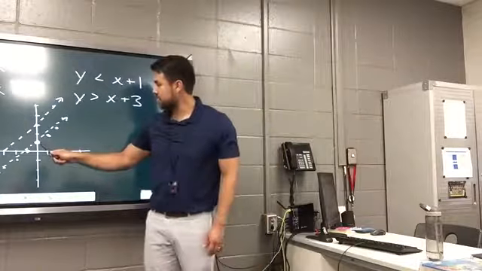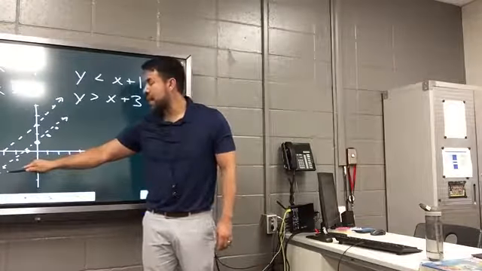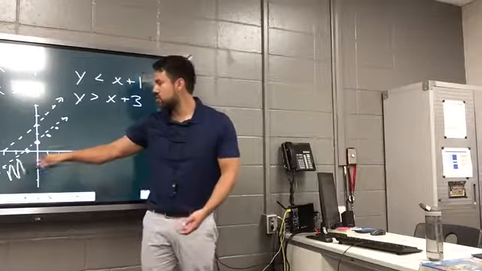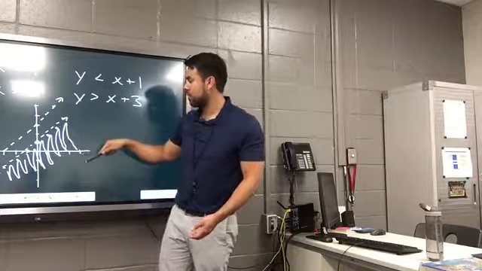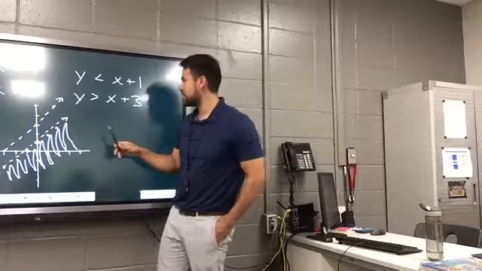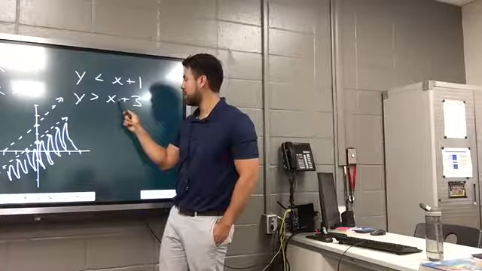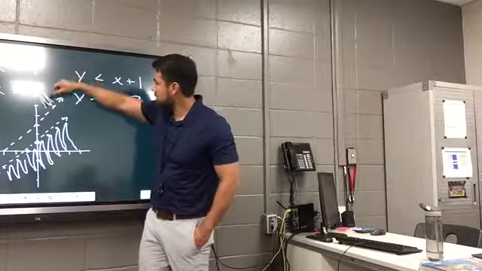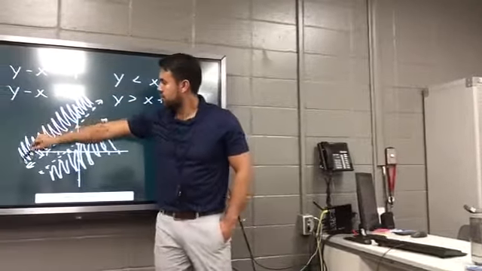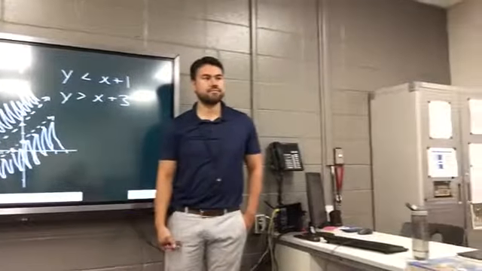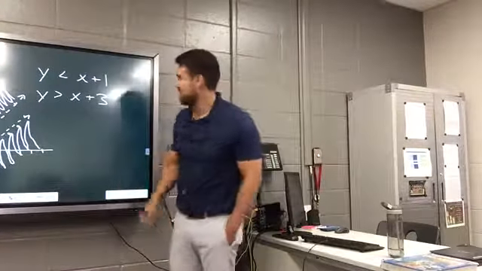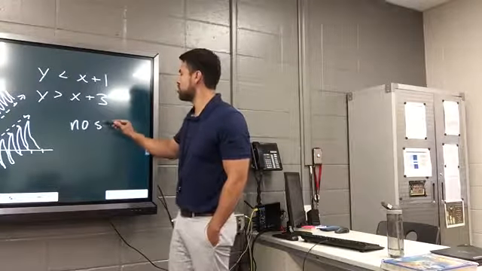So that would be this line, right? Less than would be, and some of you do this too, you shade lightly with your pencil so it's easy to erase. That would be the top line. The bottom line would be greater than x plus 3. So wouldn't I shade this part? Okay, what's my answer? No solution.